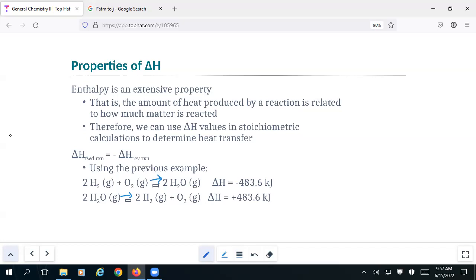It's a stoichiometric ratio, which means also that if I flip it around and I decide that I'm going to split that water vapor into the hydrogen and the oxygen gas, that energy that was released is now going to be required, is now going to be absorbed. So 483.6 kilojoules of energy was released when it burned. 483.6 kilojoules will be required to split the water back into its elements.